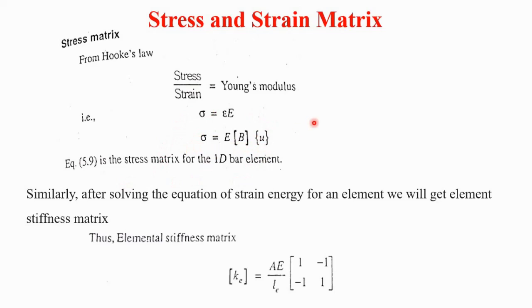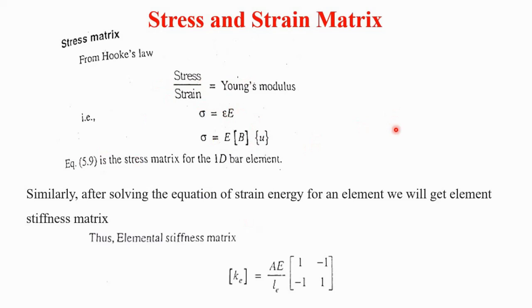Similarly, after solving the equations of strain energy for the element, we will get the elemental stiffness matrix. After calculating the stress matrix and strain matrix, we have to calculate the elemental stiffness matrix.